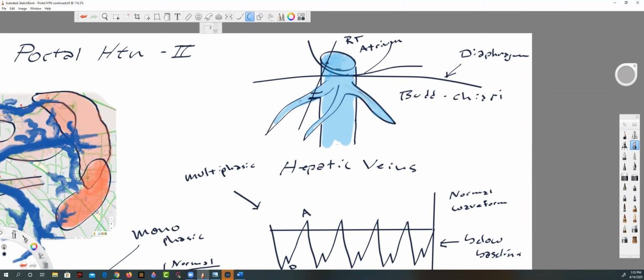And blood, for the most part, is traveling to the heart. And then it has a tiny little reversal, but the majority of blood is traveling to the heart. And that's what we're seeing down here. The majority of blood is to the heart, tiny reversal at A, to the heart, tiny reversal at A.